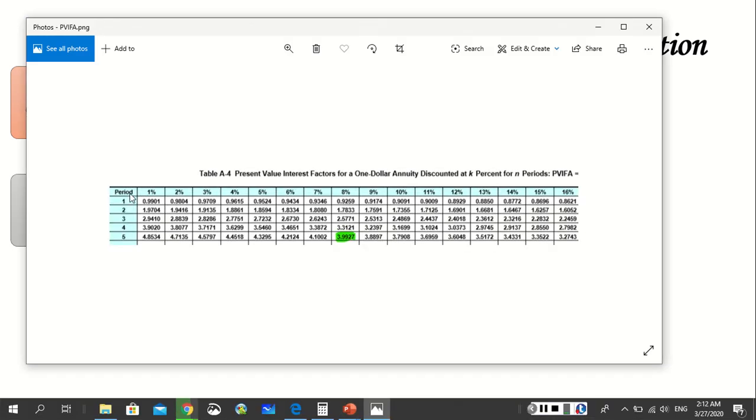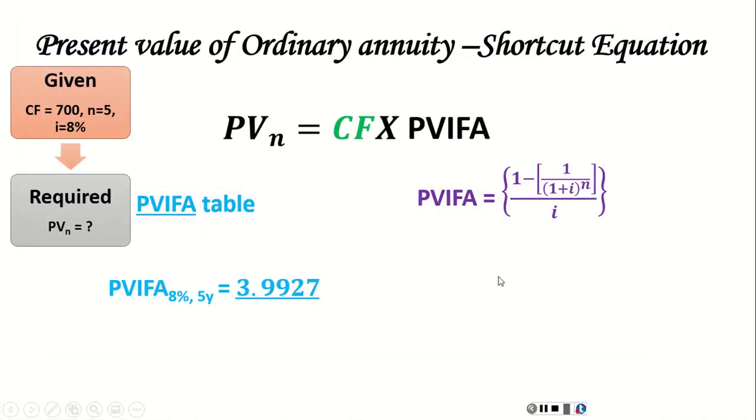We go down the first column to year 5 and across to the interest rate row under 8%, and we find 3.9927. This factor is the present value interest factor for $1 annuity discounted at 8% for 5 years.